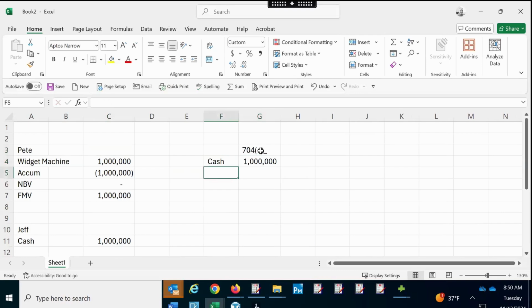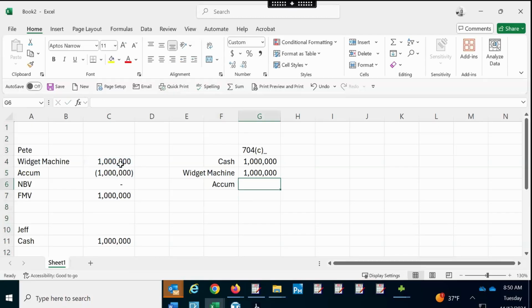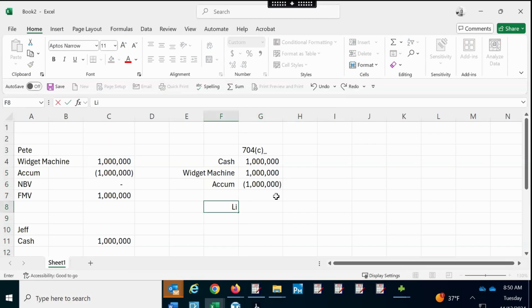Okay. And then we have what? The widget machine, which would be $1 million with accumulated depreciation of $1 million, so net book value of 0. Okay, so my liabilities is what? 0.